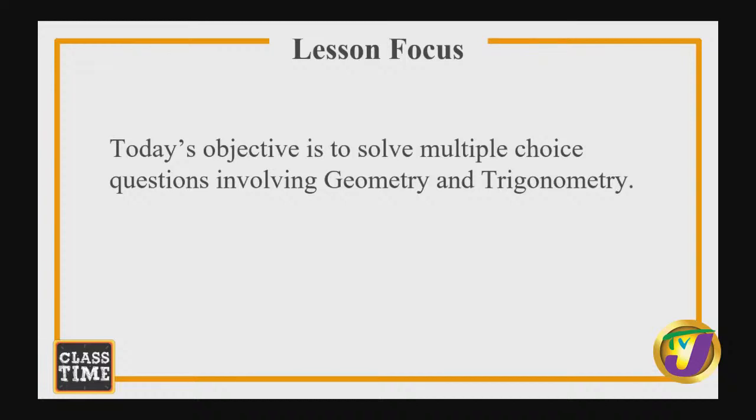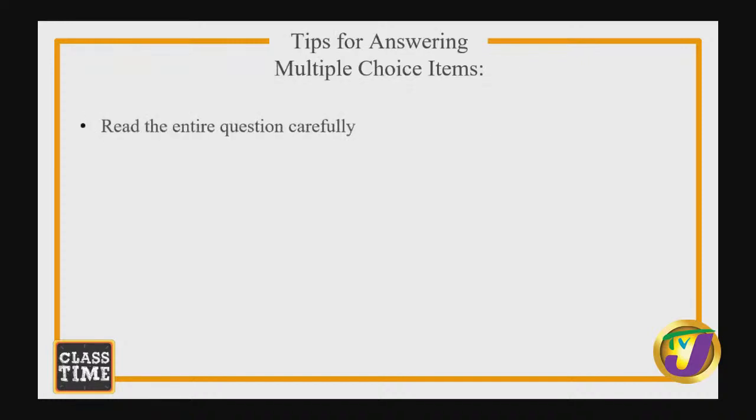The objective is to solve multiple choice questions involving geometry and trigonometry. But before we go into finer details of what we'll be doing today, let's look at some tips for answering multiple choice items. The first tip is read the entire question carefully.